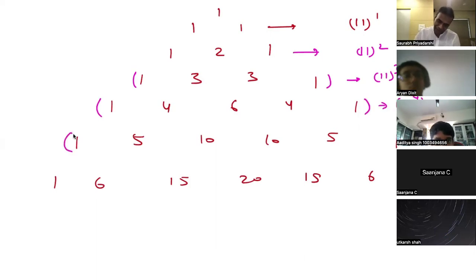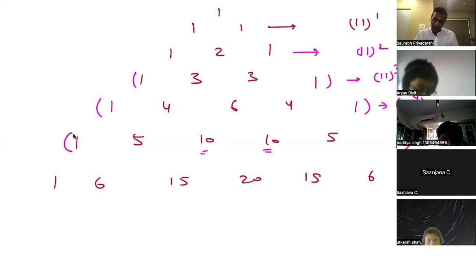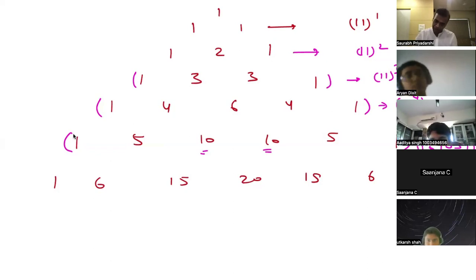But see this one. This is not a single digit, right? So we have to write from the last: writing 5, 1, 5, that will be 0 with 1 carried forward. This will be 1, then 1 carried forward, 6, 1. This is 11 to the power 5. Again, this is 1, 6, 15, 20, 15, 6, 1, and then 1, 7, 21, 35... This is 11 to the power 6 and so on.